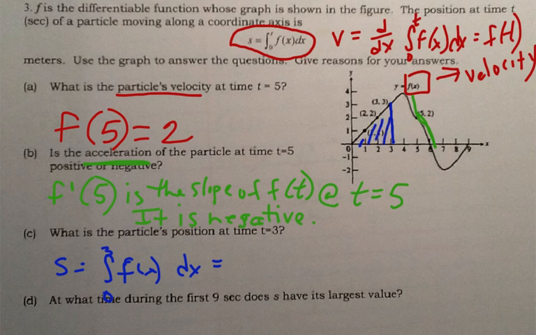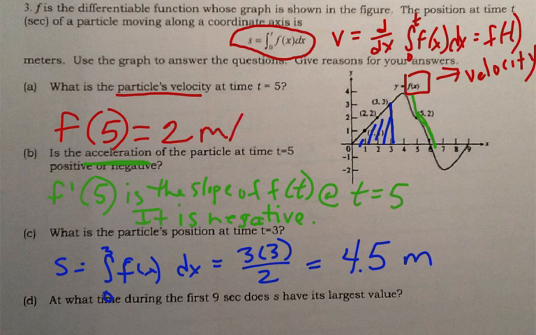It's a triangle, base of 3, height of 3. So that's base times height divided by 2. 9 divided by 2 is 4.5. Let's see, I guess I should put some units on here. Meters. And the velocity up here on part A should have been meters per, what is the time measured in? Seconds?